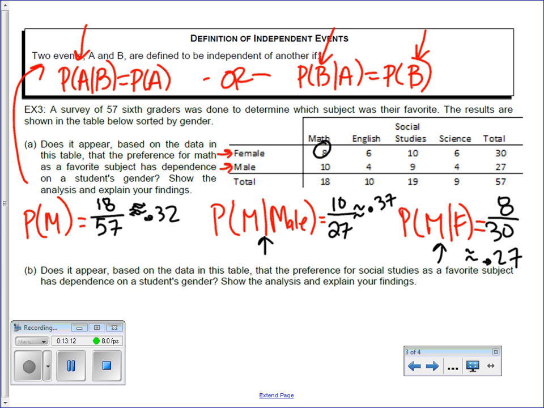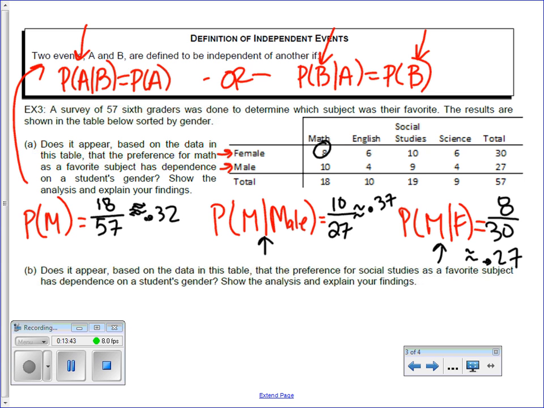So if you notice, all three of these numbers are different. So what that tells us is that liking math is dependent on gender. Because of all the people, the probability of liking math in general is 0.32. But once you said you have to be a male, then it's 0.37. Once you said female, 0.27.